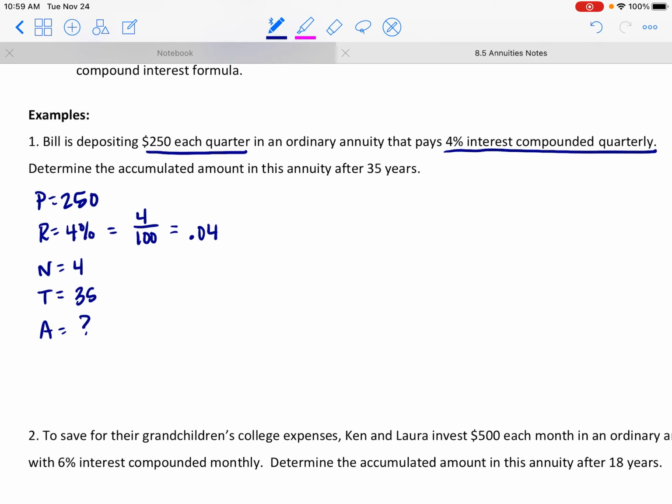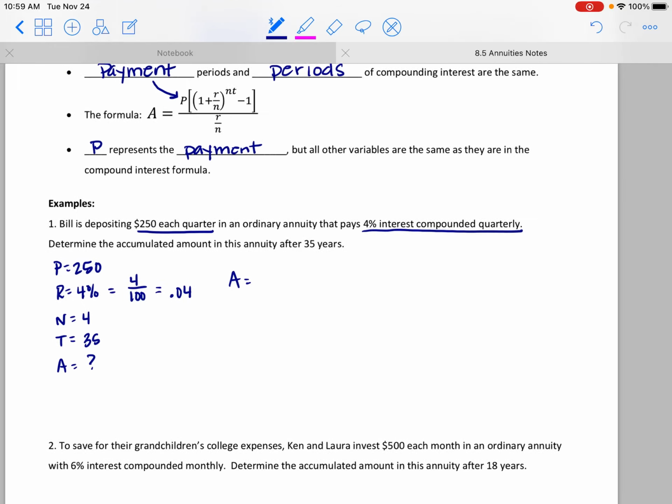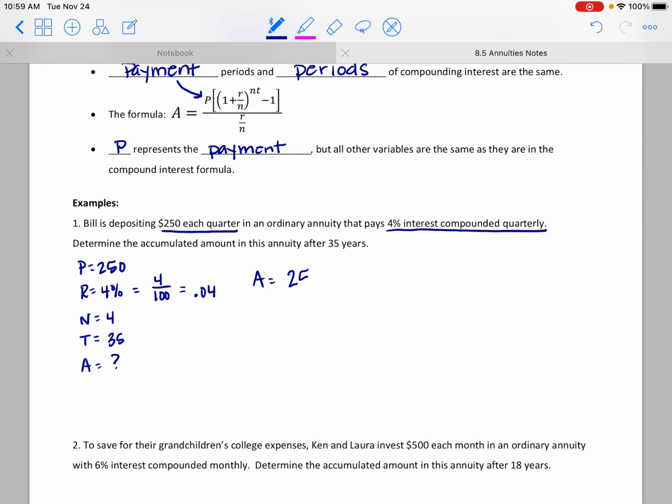So those are all the variables we need to determine the final accumulated amount. So that's the one variable that's in question. So A is going to equal, and this crazy formula here, we have our payment amount of $250, and then we have a bracket here because there's also a parenthesis. So brackets and parentheses mean the same thing, but we usually use the brackets after we use the parentheses if we have to use two in a row. Okay, but they mean the same thing.